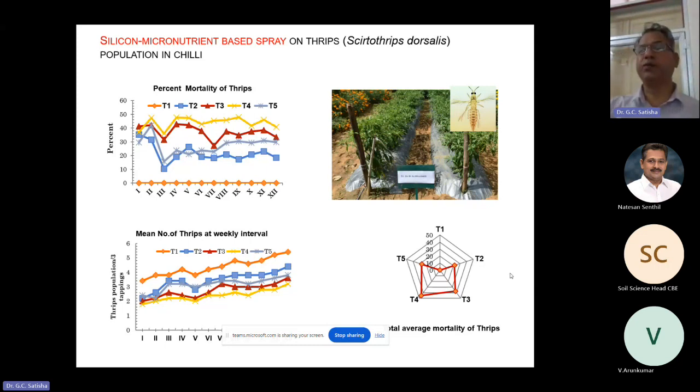Subsequently we have taken up capsicum as well. Another important pest in onion is also something we are working on.